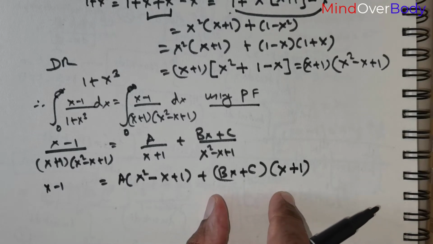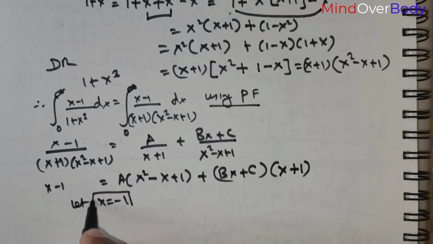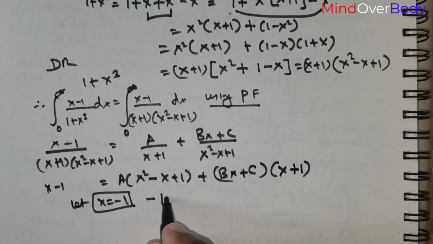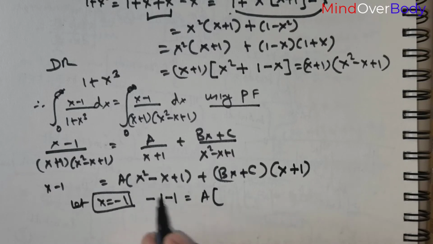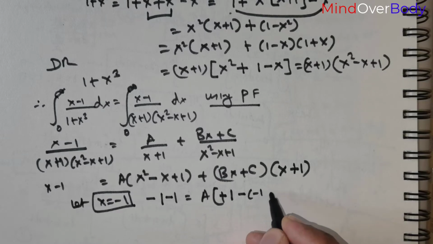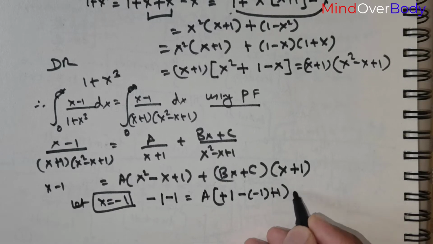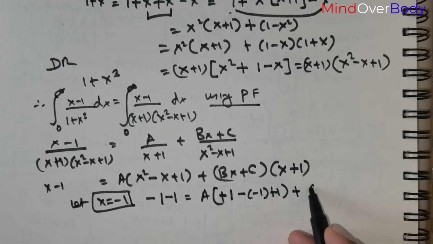So foremost we can make the following substitution. What I would do is let x be equal to -1. On the left side it's going to be -1 - 1. On the right hand side, the second term is all going to vanish, this is going to be 0.